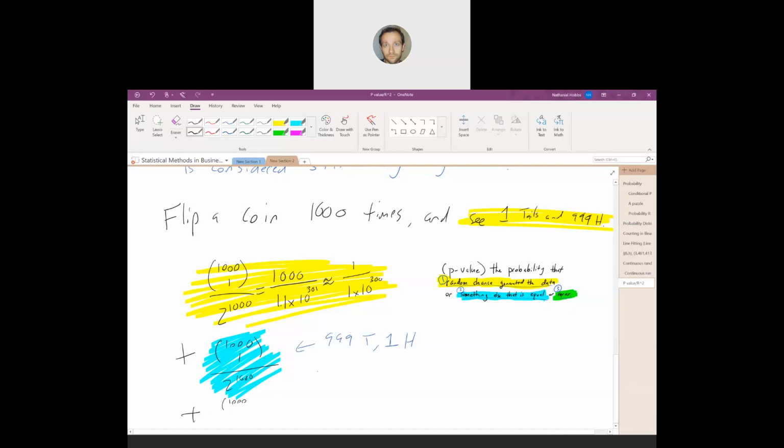There's only one way to do each, but I'll count 2 because you can get all heads or all tails, and that's also over 2 to the 1,000. So altogether, we have 2,002 over 2 to the 1,000.